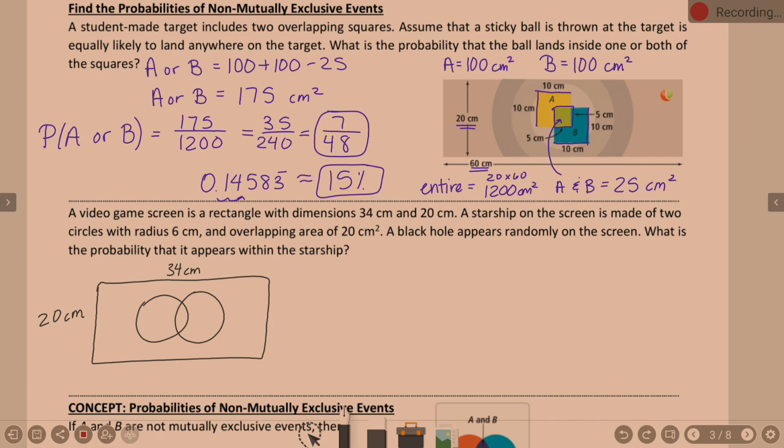They have to overlap. Technically, they're supposed to be the same size. We're just going to go with it there, okay? So two circles, both circles have a radius of 6. An overlapping area of 20 square centimeters. Okay, that's that overlapping area there.